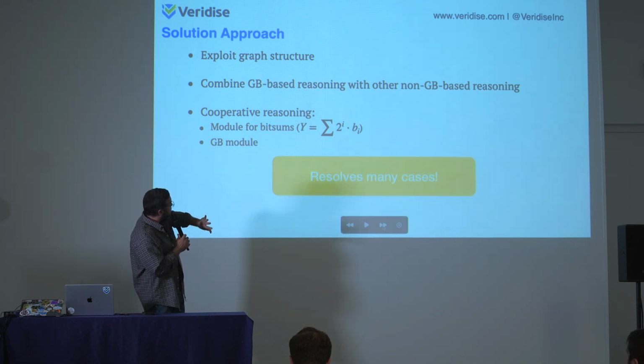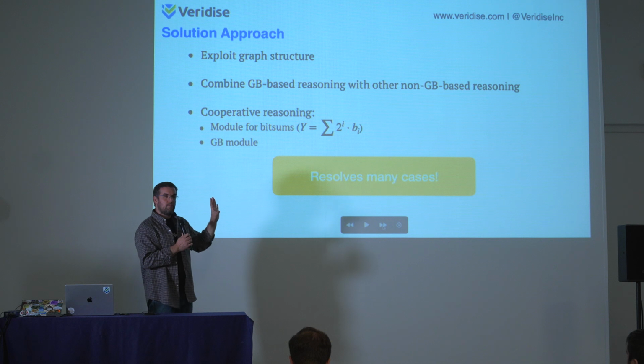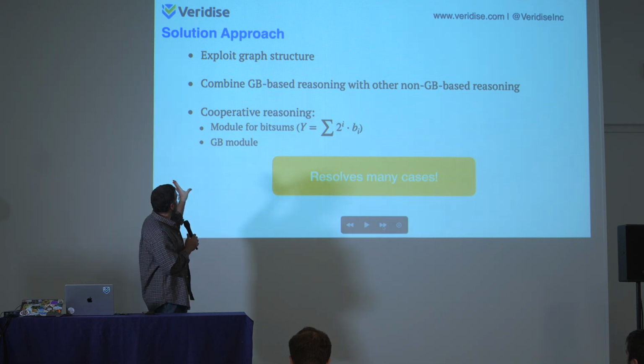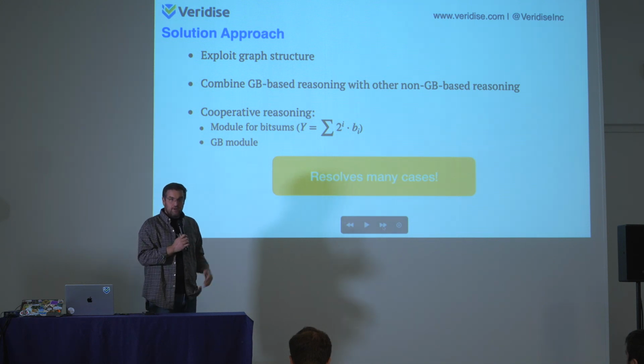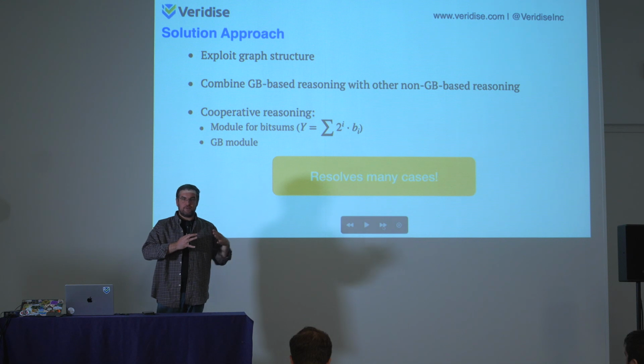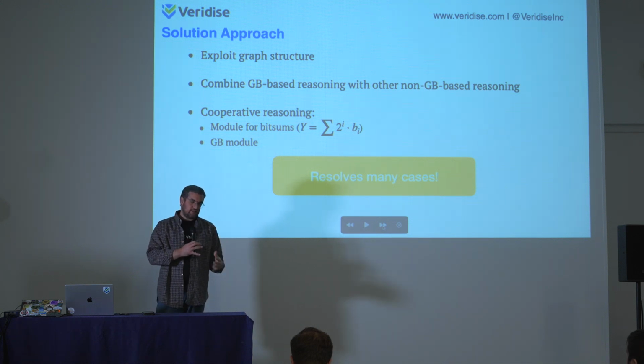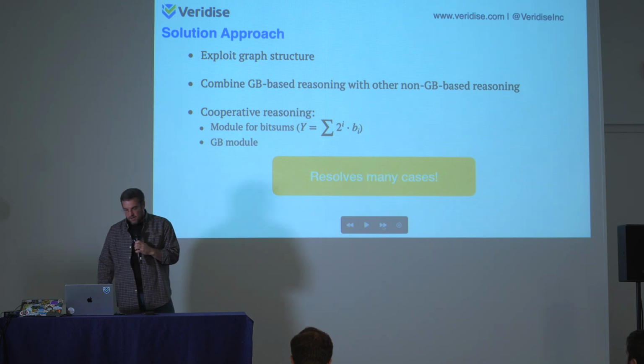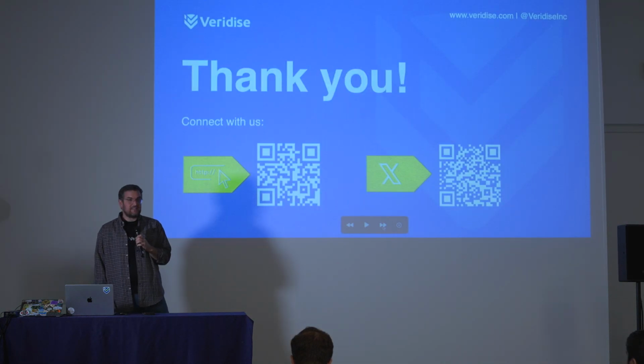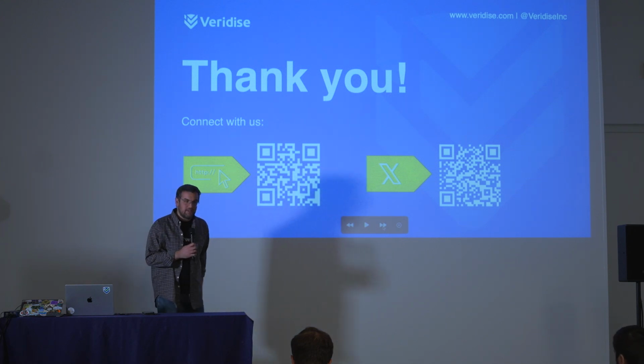And by combining this Gröbner basis and non-Gröbner basis approach and exploiting the graph structure, you can really push the boundary of circuits that you can hunt for under-constrained circuits way further. So things that were previously totally out of reach, you can very easily resolve now.